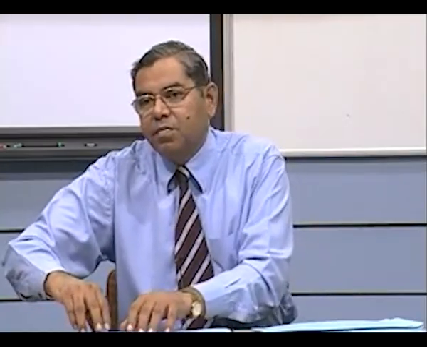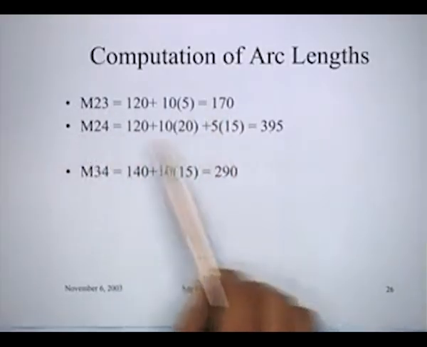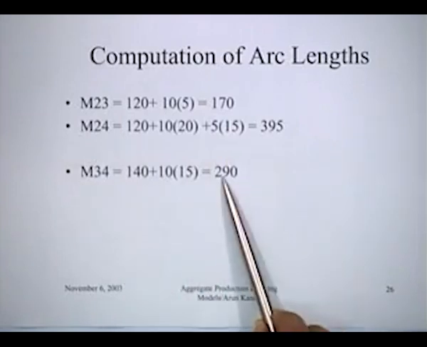Find the least way to go from 0 to 4. Yes, that's right. Something like that. But let's see how we do it. So M23 is now 170, M24 is 395, and M34 is 290.